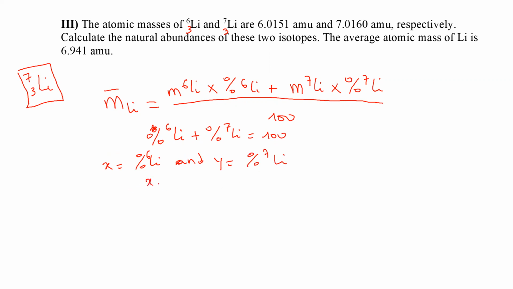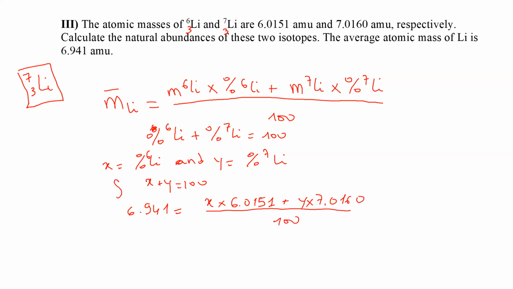So we know that X plus Y equals 100, and 6.941 equals X times 6.0151 plus Y times 7.0160, divided by 100.